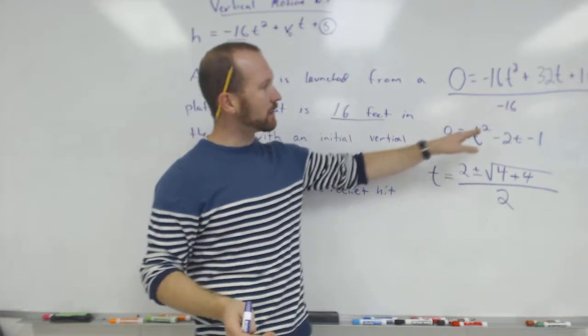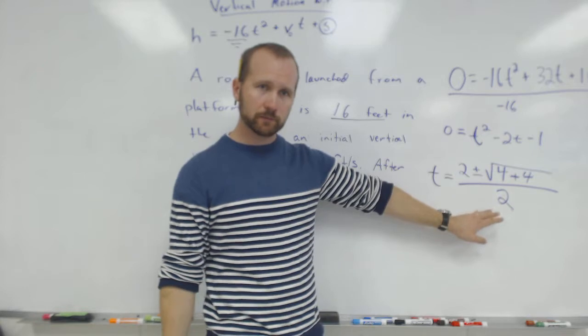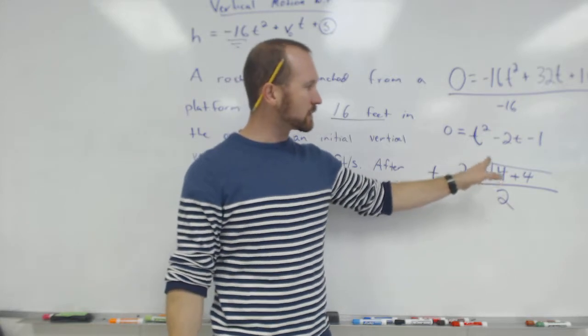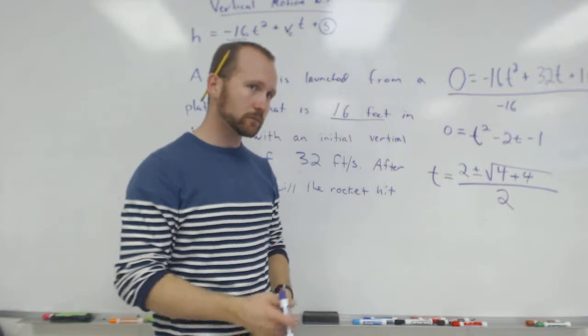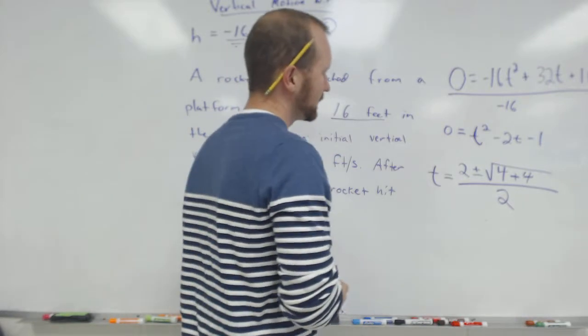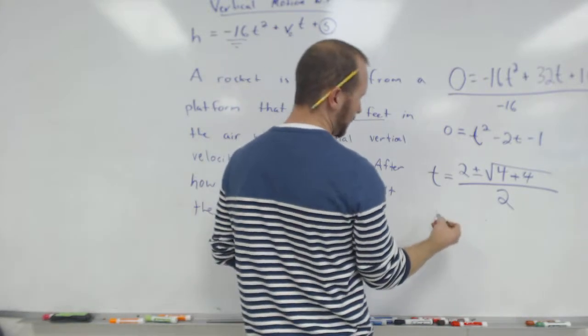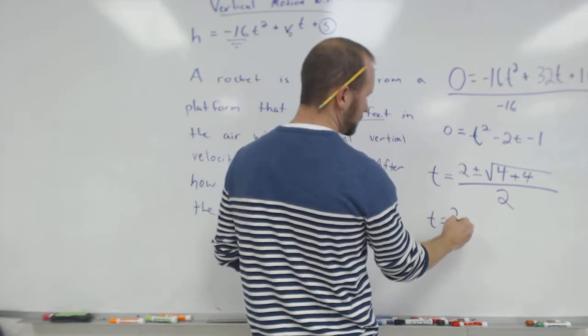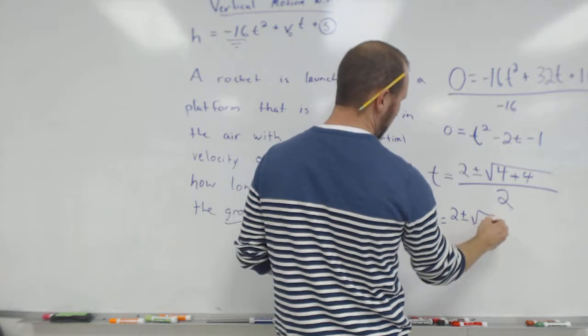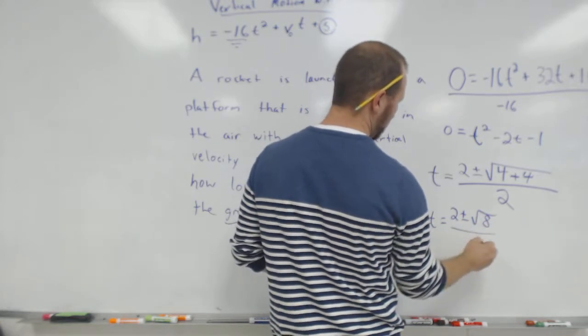So I just plugged everything into the quadratic formula. Can we simplify the square root of 4 plus 4 and make it 2 plus 2? We can't, but there is something that we can do. So t equals 2 plus or minus the square root of 8 over 2.